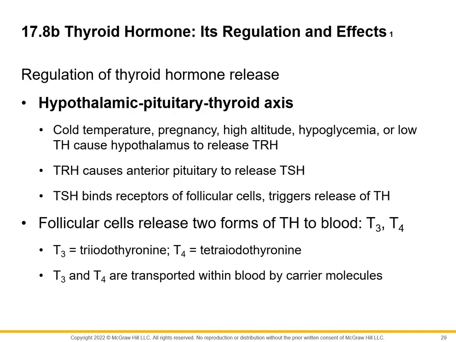So this is the pathway for promoting the production and release of thyroid hormone. First off, you start in the hypothalamus. You have TRH, which stands for thyrotropin releasing hormone. TRH causes the anterior pituitary to release TSH. Remember, TSH is thyroid stimulating hormone.